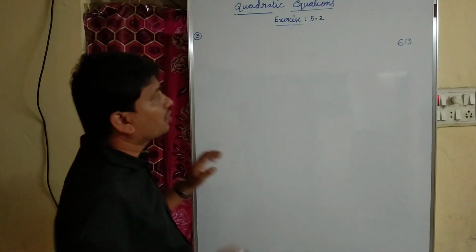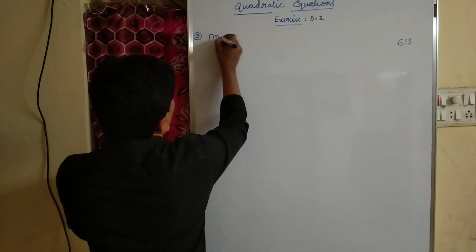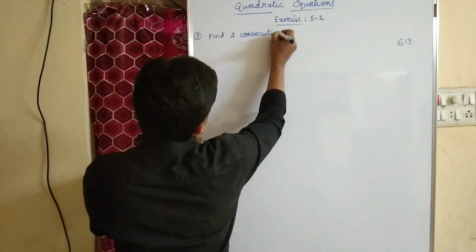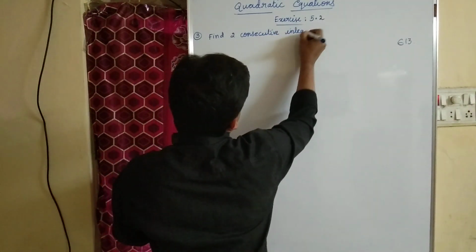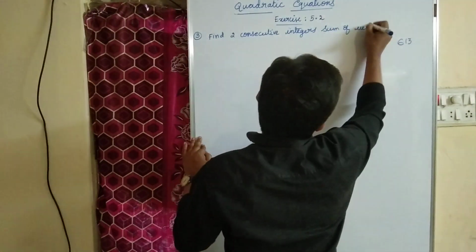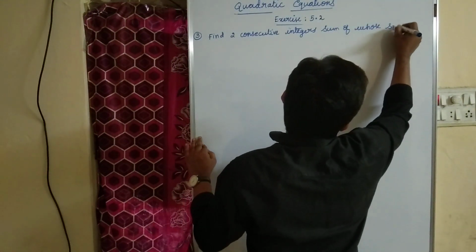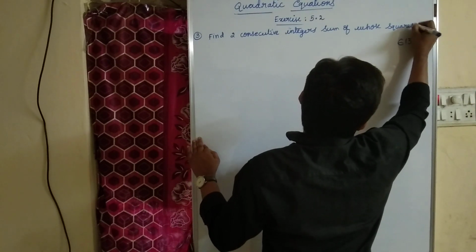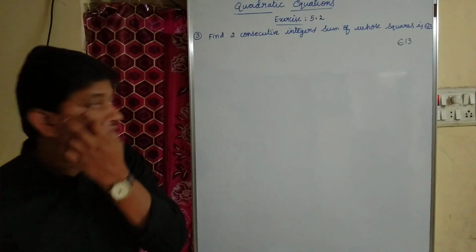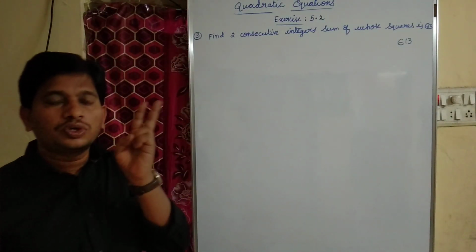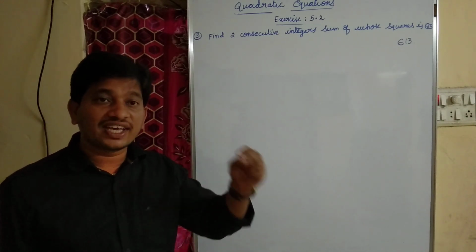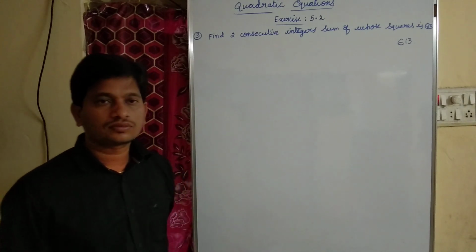We need to find two consecutive integers, sum of whose squares is 613. Try to understand the question.